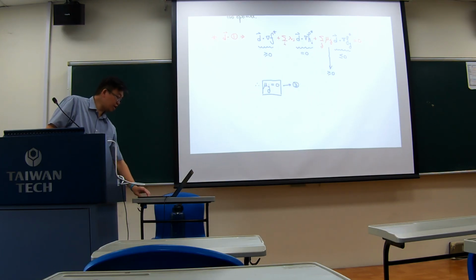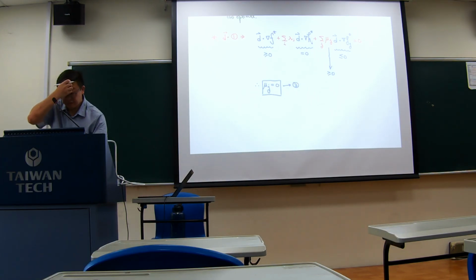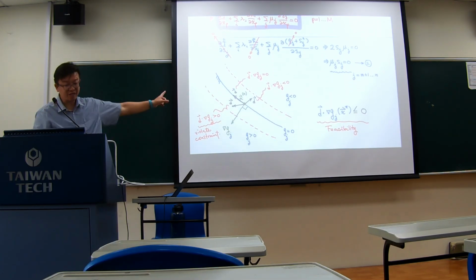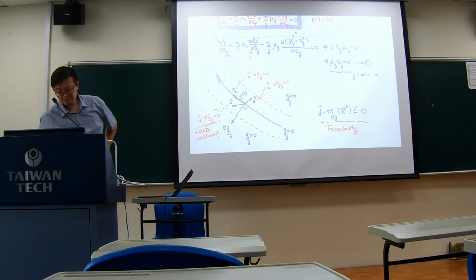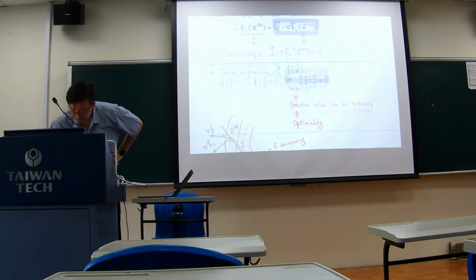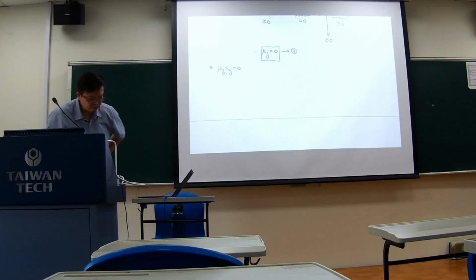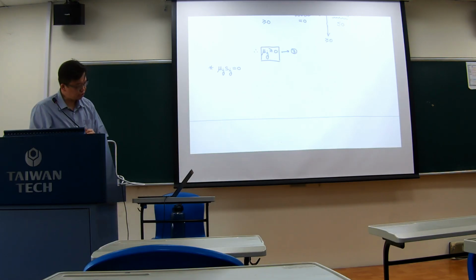Okay, now we have mu j sj equals zero from the second. Let's now come back to mu j sj equals zero. Oh, sorry, here is positive. So we now can have a discussion about mu j sj equals zero.